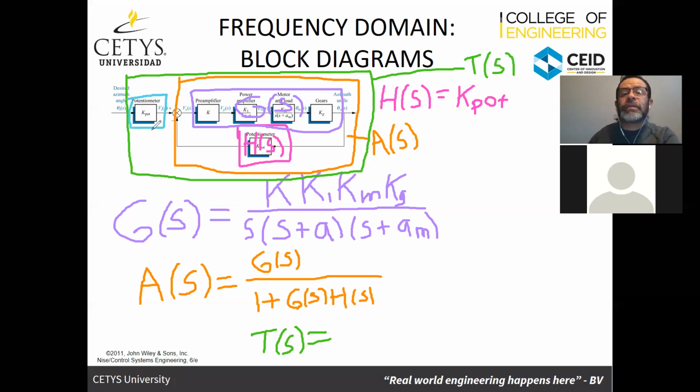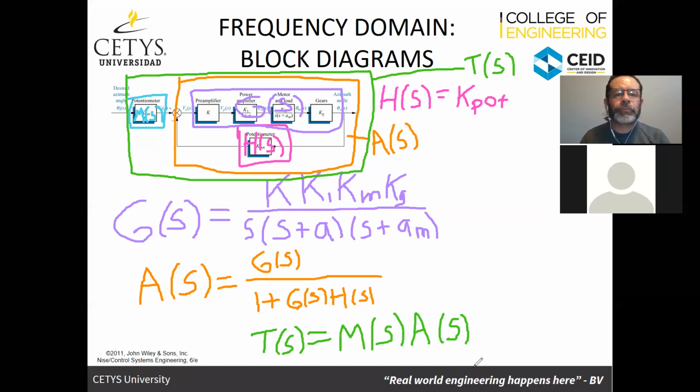It's going to be the same as the pot, but I'm just going to call this M of S. So T of S, the complete transfer function for the whole system, would be equivalent to M of S multiplied by A of S. And we're going to see how that looks in a moment.